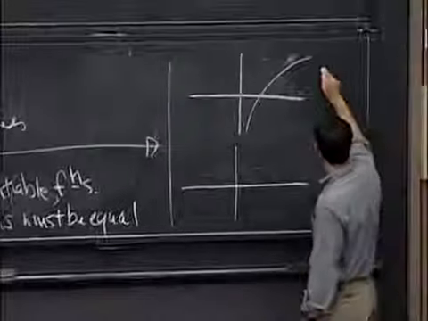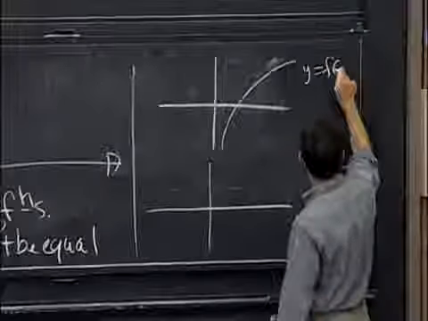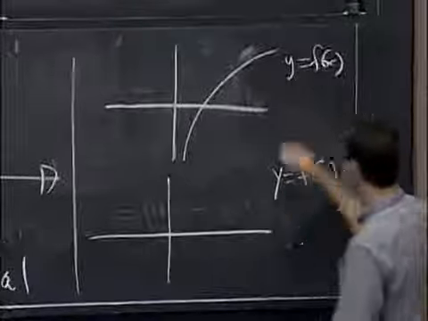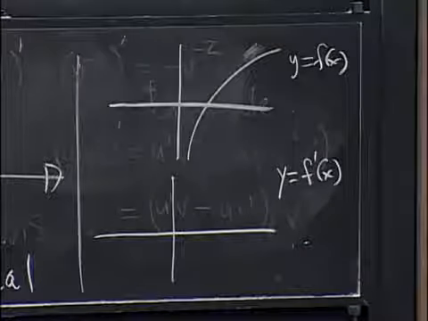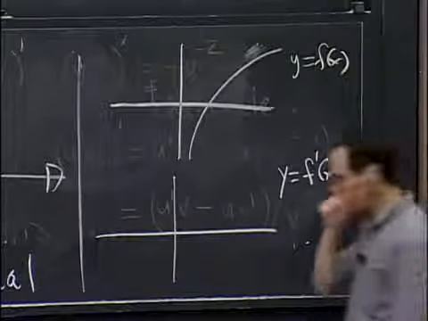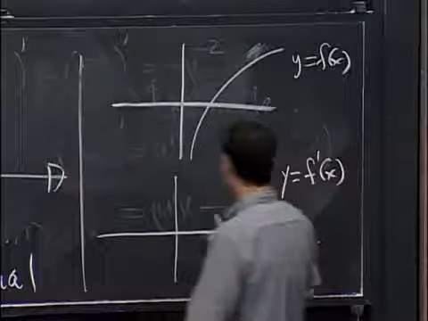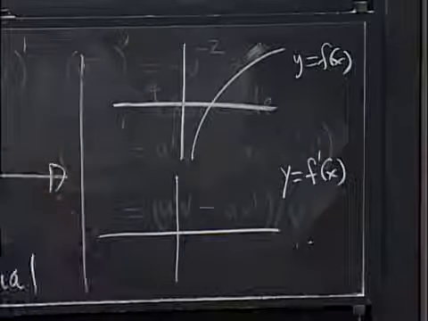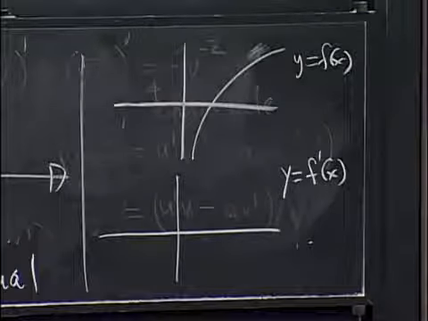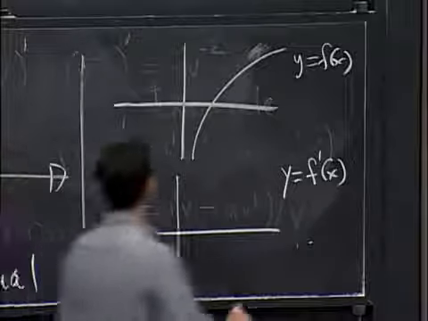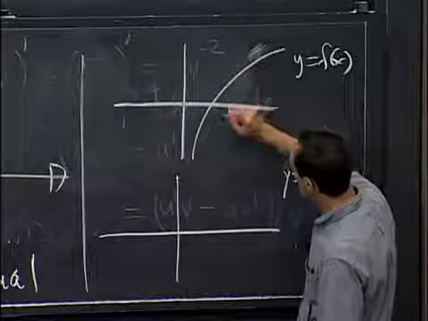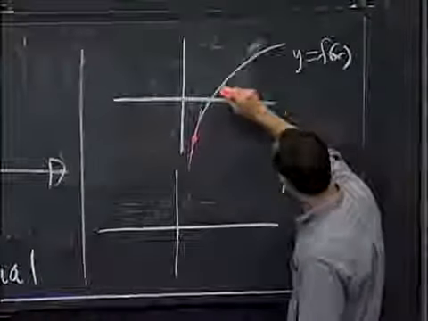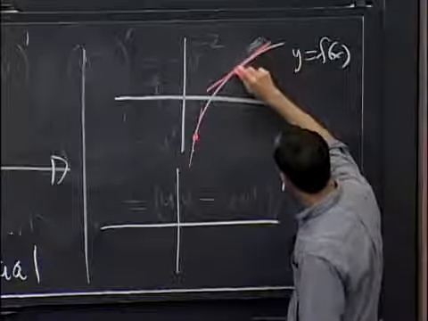So this is the function y equals f of x, and right underneath it I'm going to draw the graph of the function y equals f prime of x. Now let's think about what it's supposed to look like. The one step you need to make in order to do this is to draw a few tangent lines. I'm going to draw one down here, and one up here.